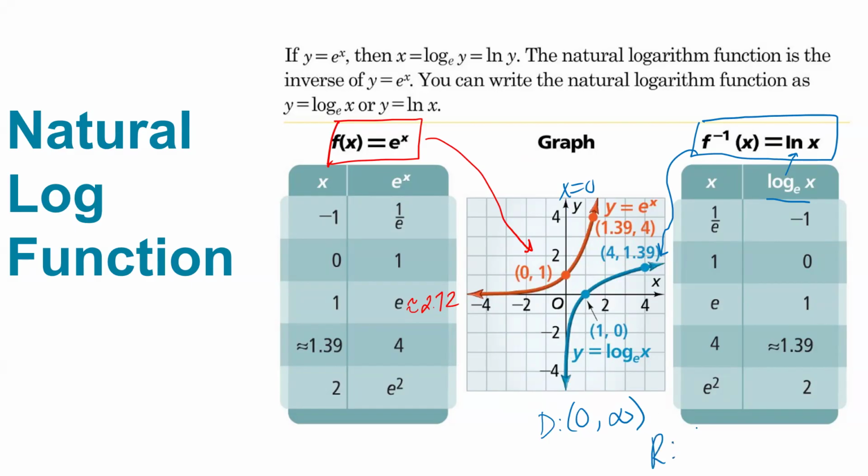Our range goes forever down, which is negative infinity, and forever up, which is positive infinity. And if you look at our notes from Tuesday, that is the opposite of the exponential. For the exponential, you can see it goes forever to the left and forever to the right. However, it starts at 0 on the y and goes up to infinity.